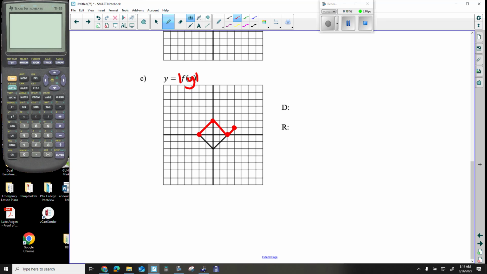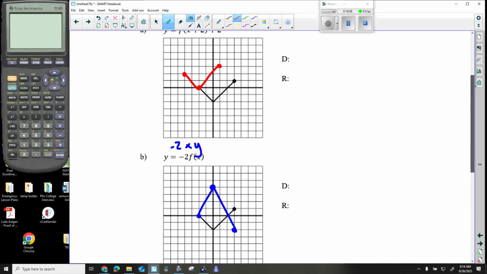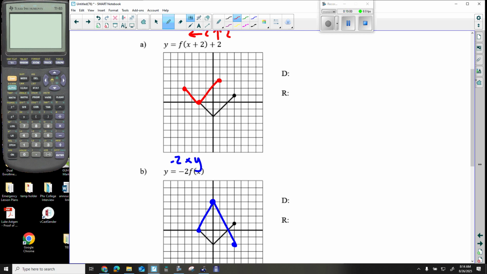Take that. All right, here we go. Let's backfill this with domains and ranges. So of my red picture, the furthest left is 1, 2, 3, 4. Right is 1. Bottom is 0. Top is 3.